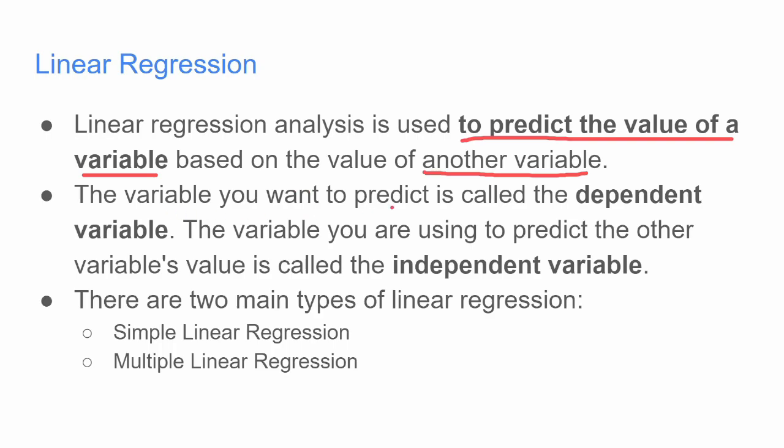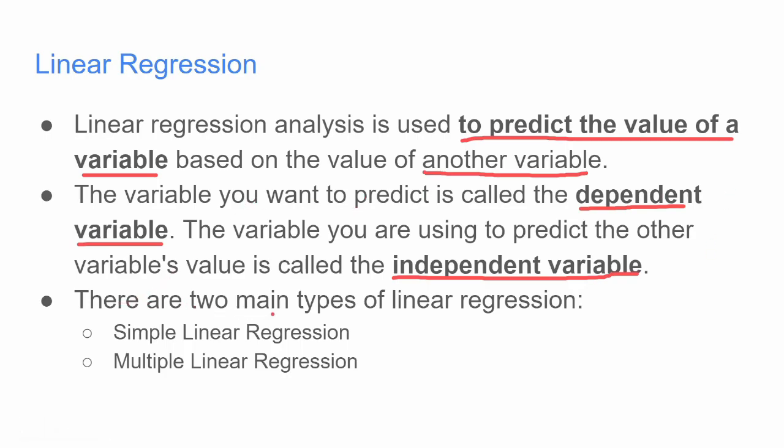The variable you want to predict is called the dependent variable, and the variable you are using to predict the other variable's value is called the independent variable. So there are two types of variables: one is dependent and the other independent. The independent variable will be on the x-axis and the dependent variable will be on the y-axis. So you are going to find the dependent variable.